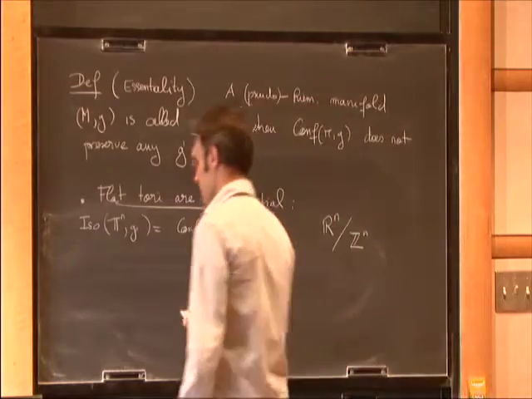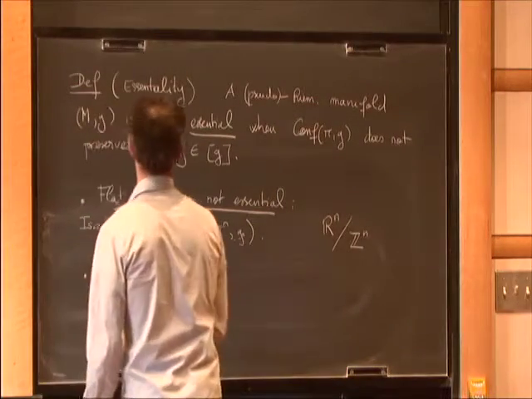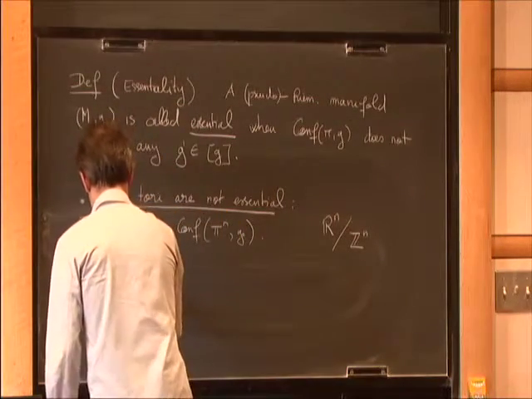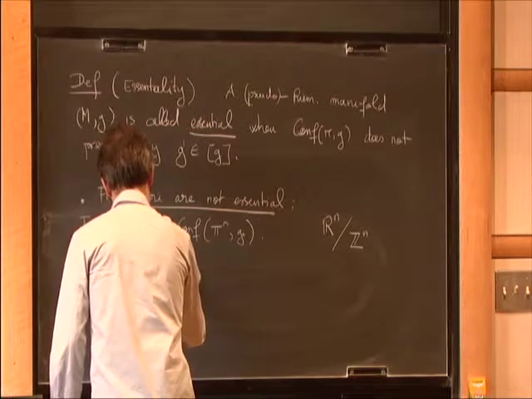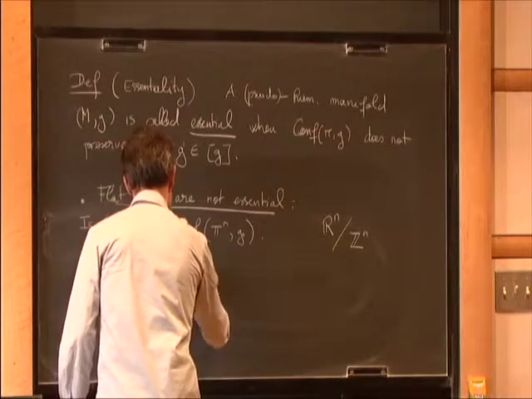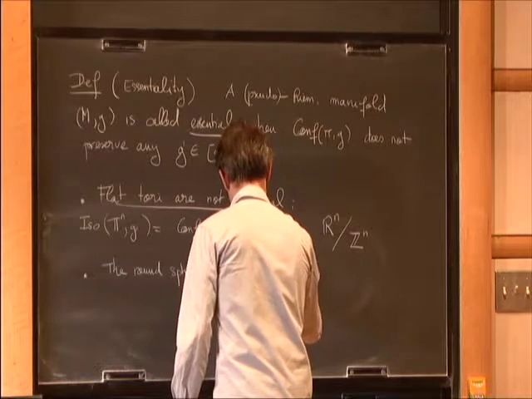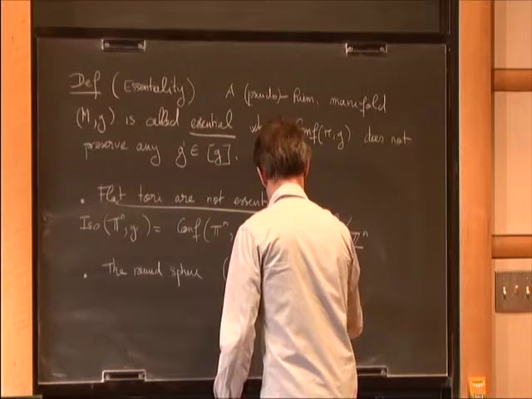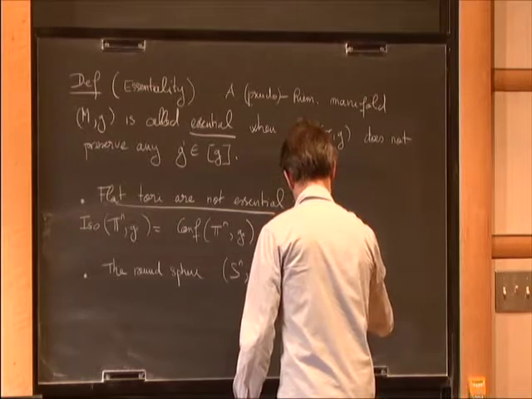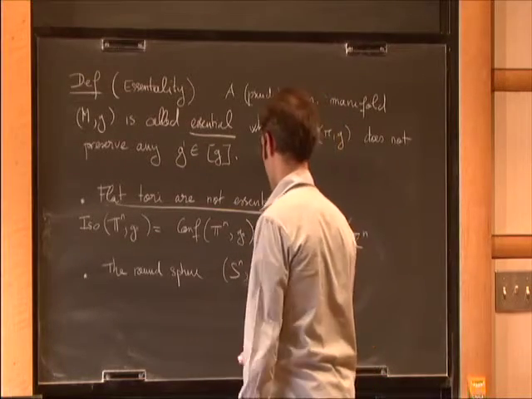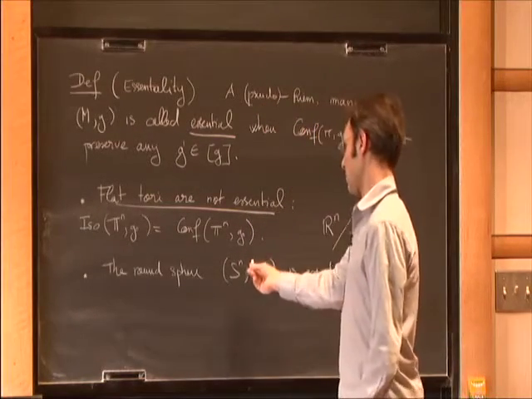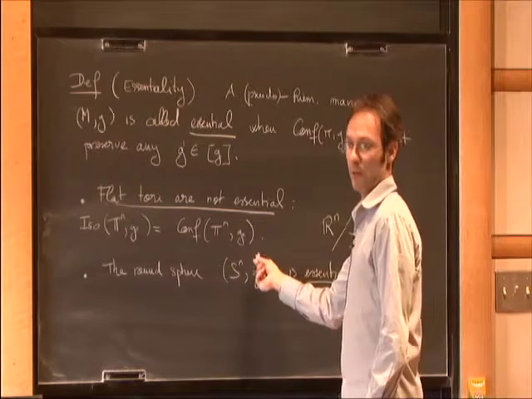On the other hand, you have a nice essential structure, the round sphere. And the reason for this is that its conformal group is a non-compact group.